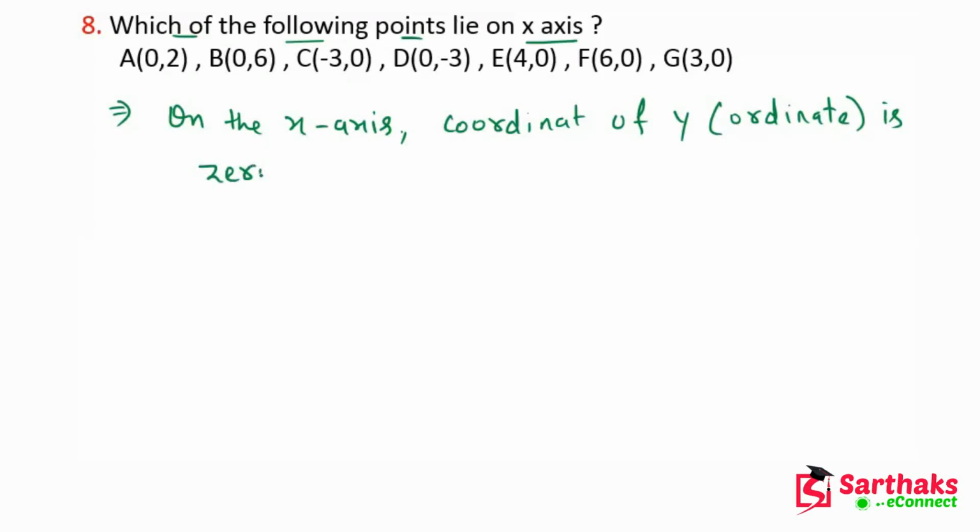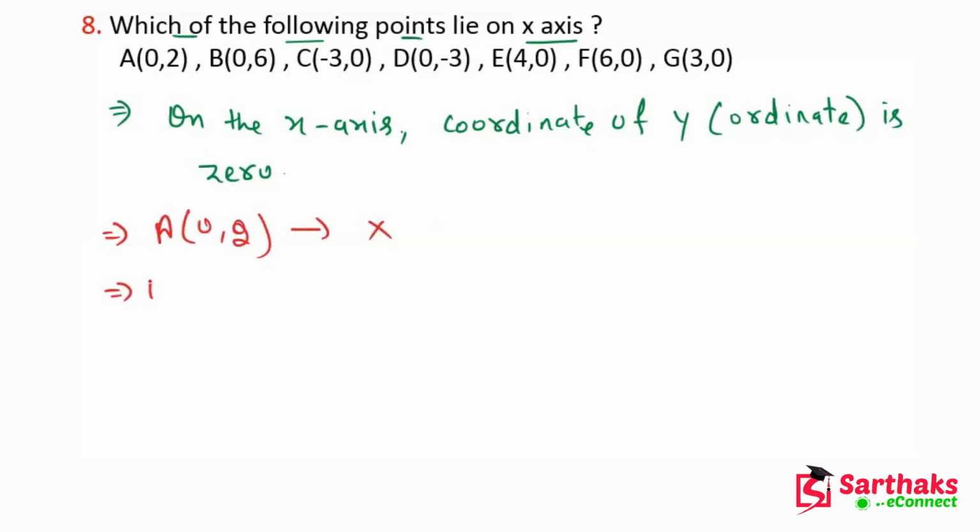So here we have to choose the point which has the ordinate, the y coordinate, equal to 0. Now if you observe, in option A there is (0, 2). So this is not on the x-axis, because here the x coordinate is 0, so this does not lie on the x-axis.